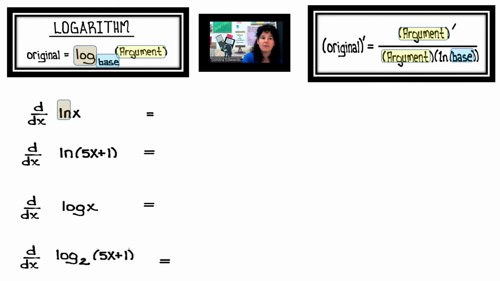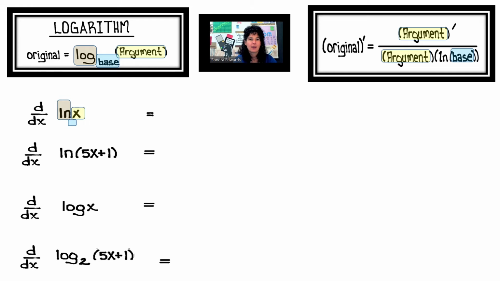Okay, so let's just apply that. The derivative of ln x. So there's my log, there's my argument. Now I don't see the base number, but hopefully you remember that anytime you have a natural log, that is base e, the number 2.71, etc., an irrational number whose decimal goes on forever.